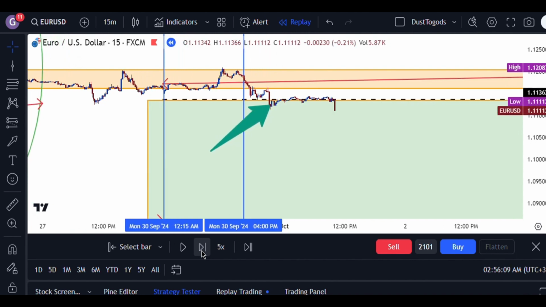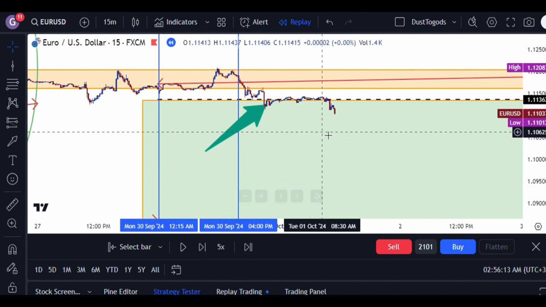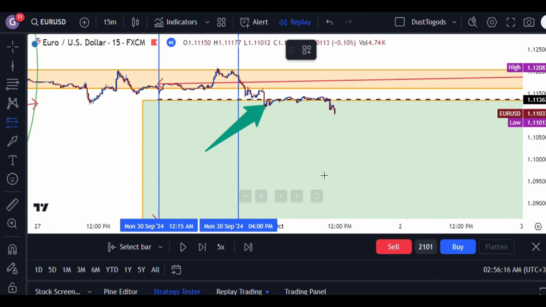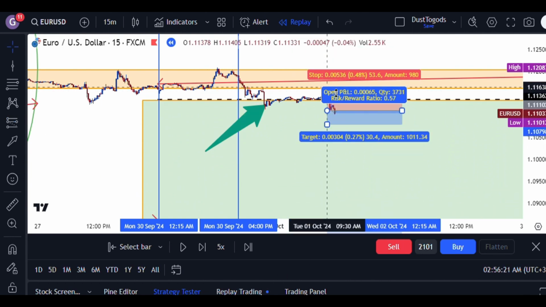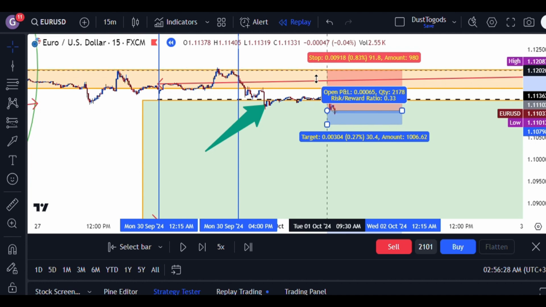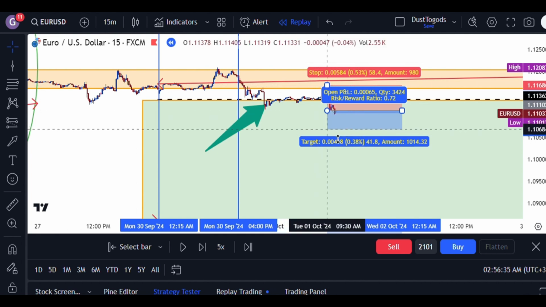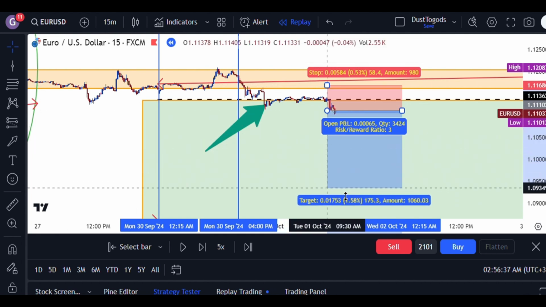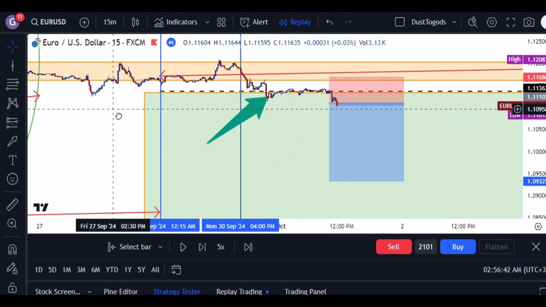So I would enter here with this bearish engulfing candle, place my sell there, and place my stop loss just above this dotted line. Then I'll target a 1 to 2 or 1 to 3 risk to reward ratio in that direction, and then I'll let this run.